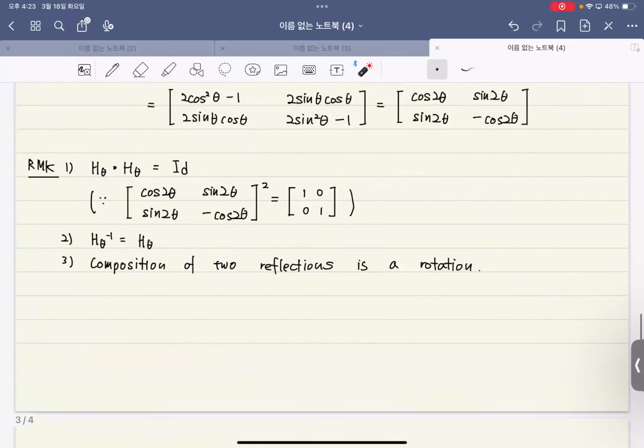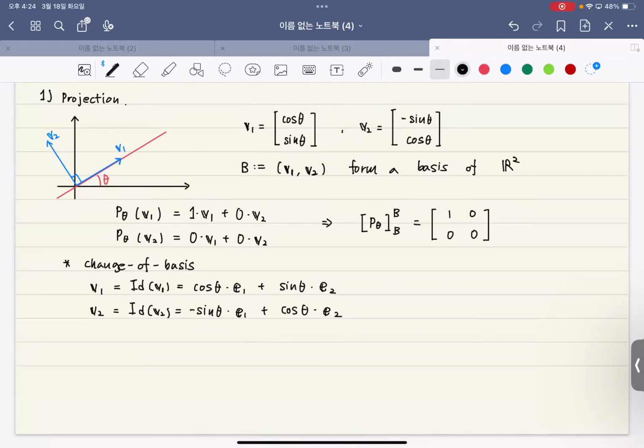Therefore, this can be understood as a matrix representation of the identity transformation whose input basis is B and output basis is the standard basis.